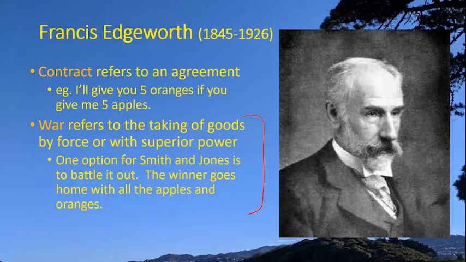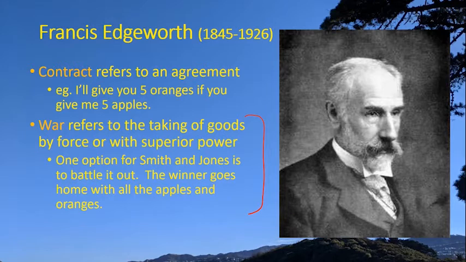So one option for Smith and Jones in the marketplace, so to speak, is not to mutually voluntarily trade with each other, but to battle it out, to fight for the goods that the other has come with, to try to hit the other one over the head or take advantage of them with more power or more strength and take all of the other person's goods away from them so that you can go home with everything.